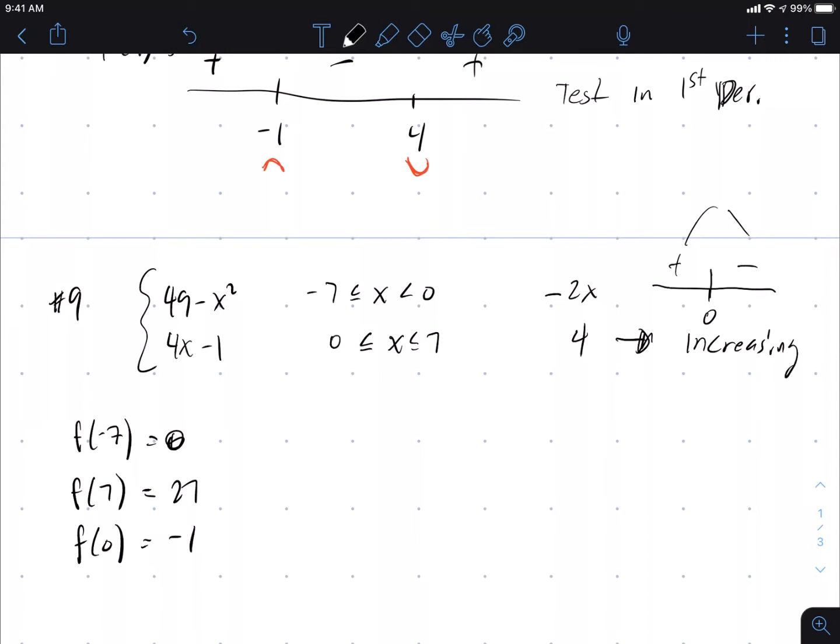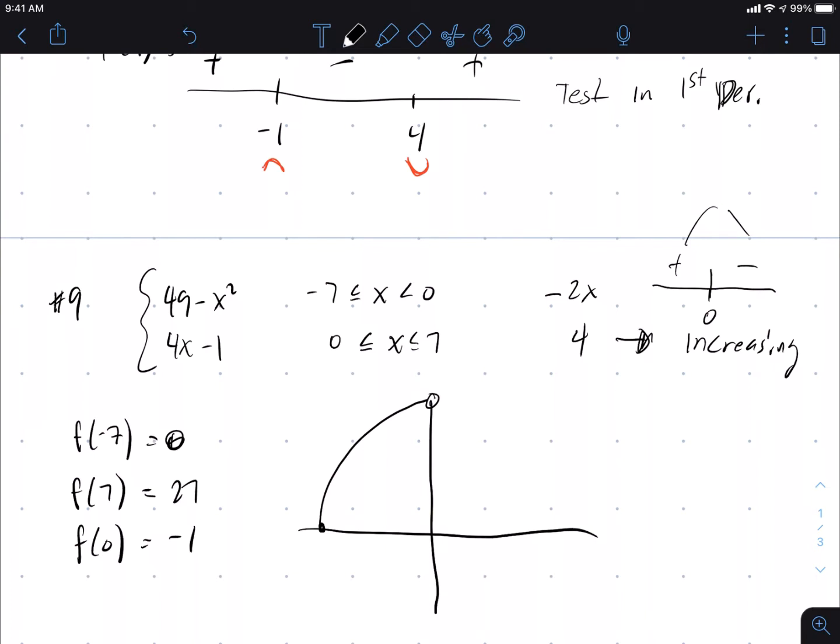And that's only based off of the top function, okay? So let's look at the graph just so you guys can see. So from -7 to 0 is going to go to a 0 value at -7 going this way with an open circle, correct?